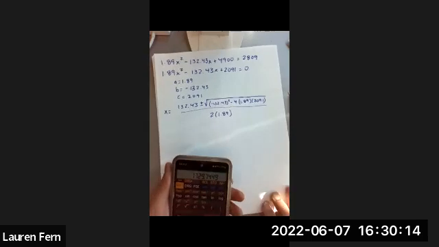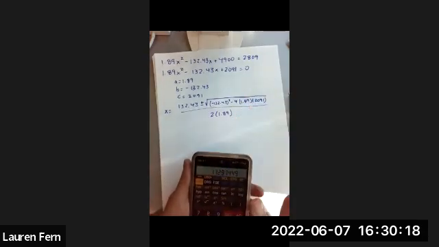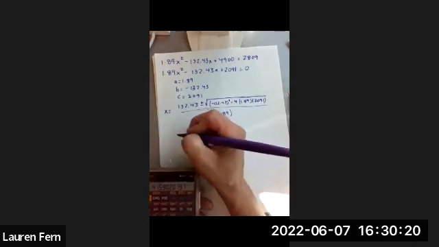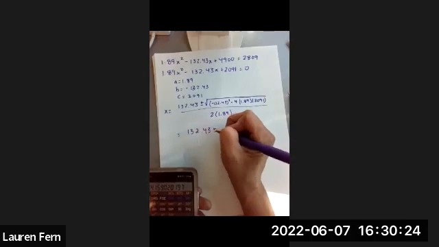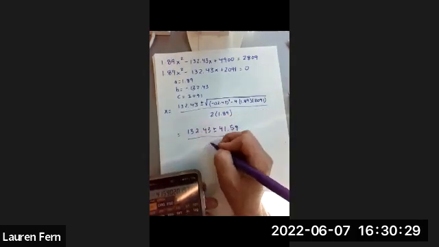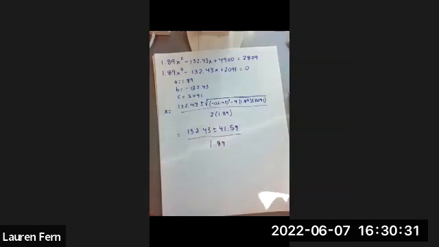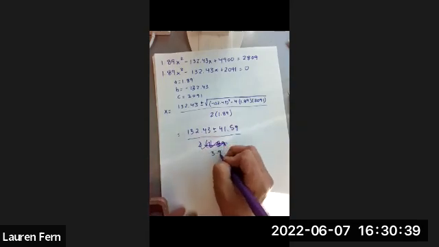And I'm going to get this number right here. And I'm just going to immediately take the square root of it. So 132.43 plus or minus 41.59 divided by 1.89. Oh, 2 times 1.89, which I suppose I should just multiply to get 3.78.